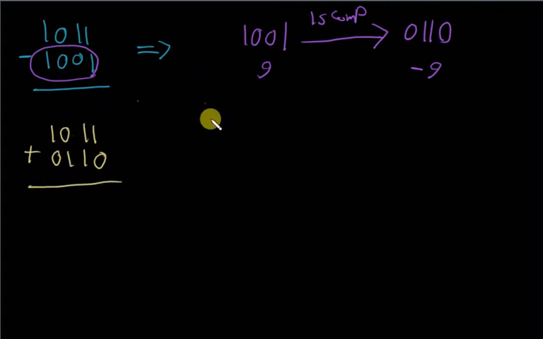So we are using one's complement. 1 plus 0 will give me a 1. 1 plus 1 will give me a 0 with a carry of 1. 1 plus 1 gives me a 0 with a carry of 1. 1 plus 1 will give me a 0 with a carry of 1.